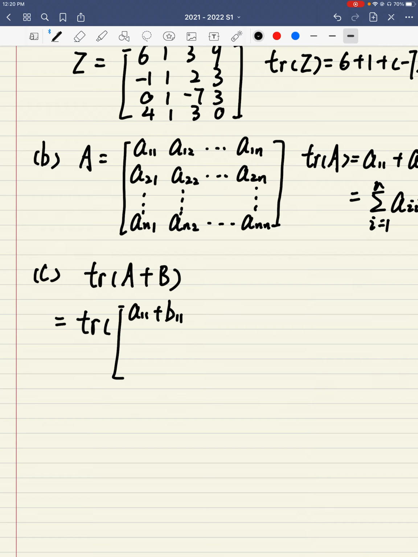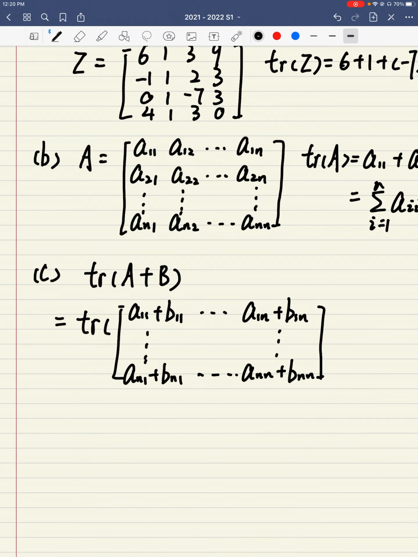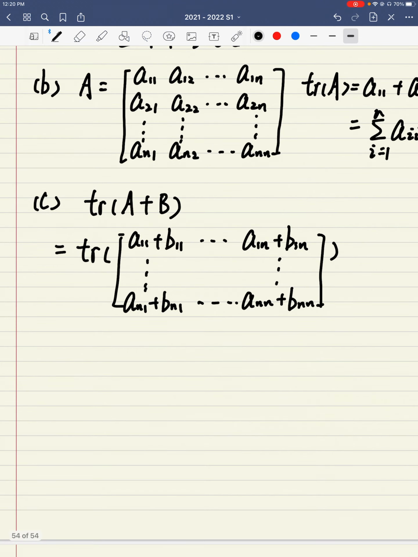B is B11, B12, and so on. This is the matrix A plus B, and we take its trace.